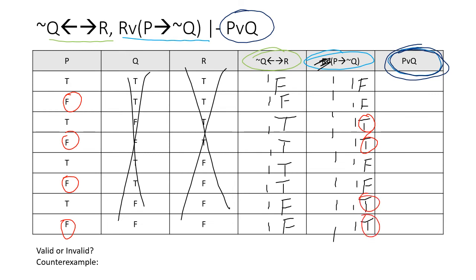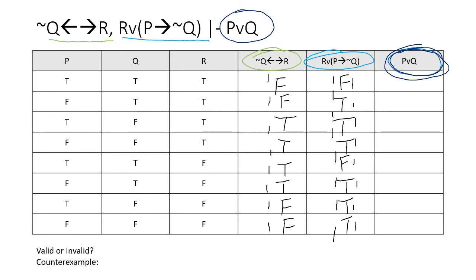And so we've got true in these situations, and false here. So we can get rid of this so we don't get confused. Get rid of these.